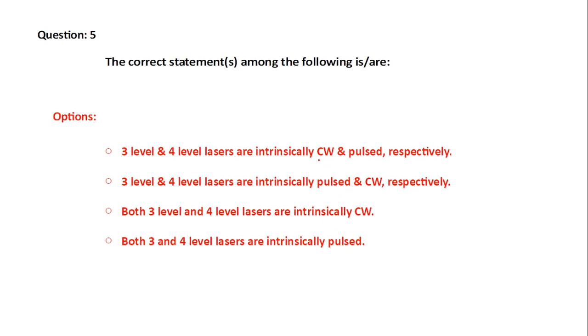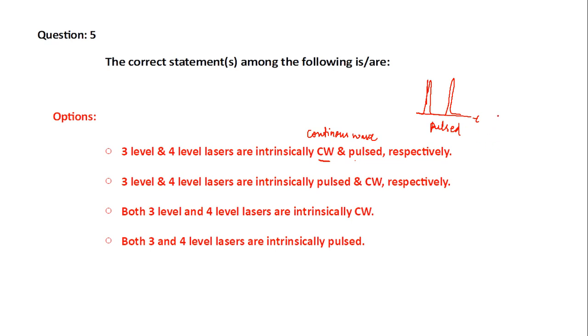So what does this CW mean? CW stands for continuous wave. And pulse means that if you plot the intensity with respect to time, it will increase like this, then it will reduce to 0, and then it will again increase. So this is called the pulse form of laser.